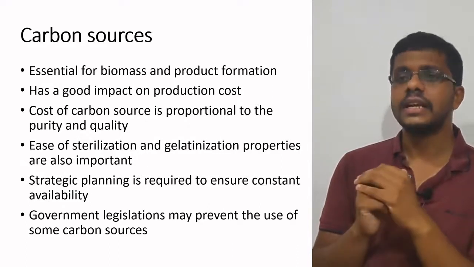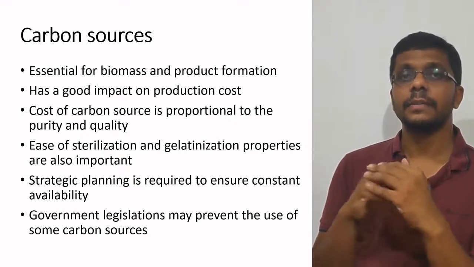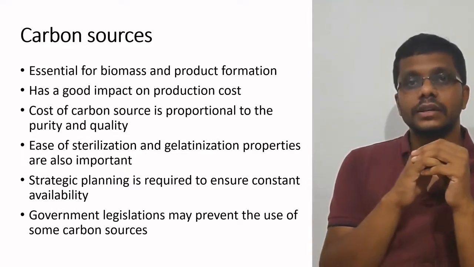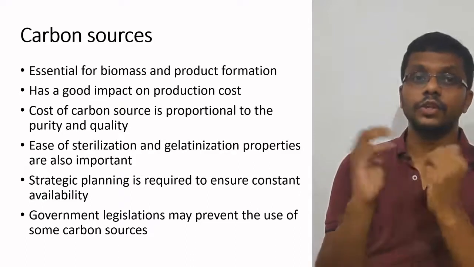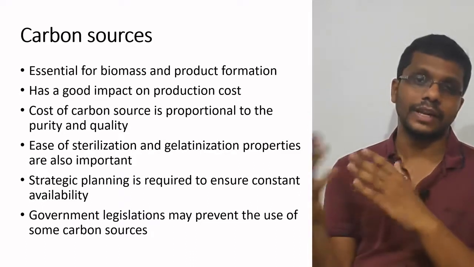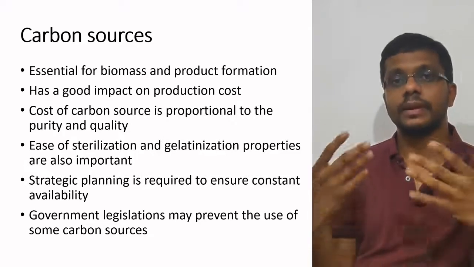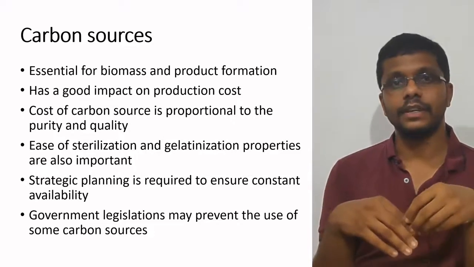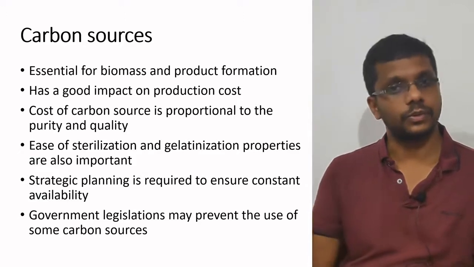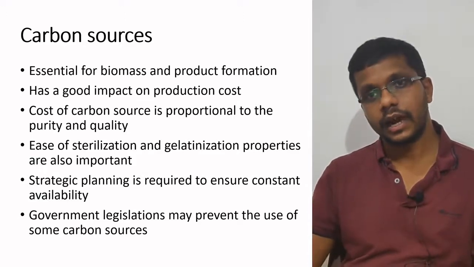In some cases, government legislations prevent the use of some carbon sources. For example, if you are starting a fermentation industry for the production of alcohol, maybe as a biofuel, the industry is making biofuel from some crops. Maybe you are using rice as a substrate, as a carbon source for the production of alcohol.